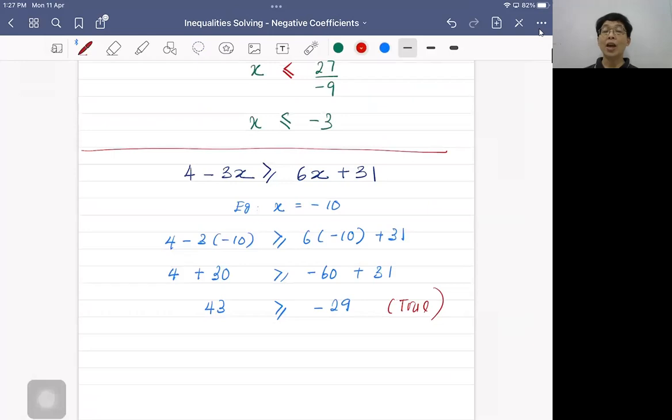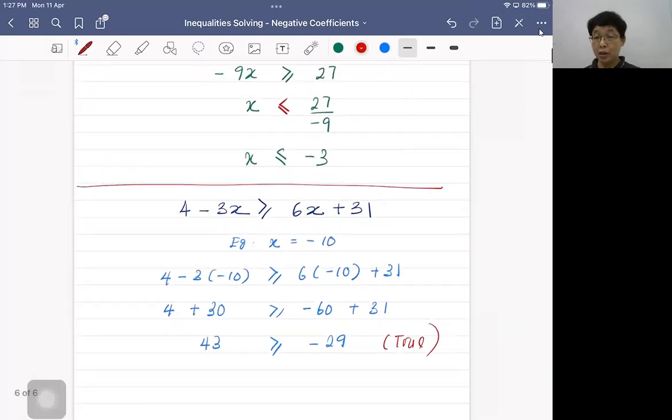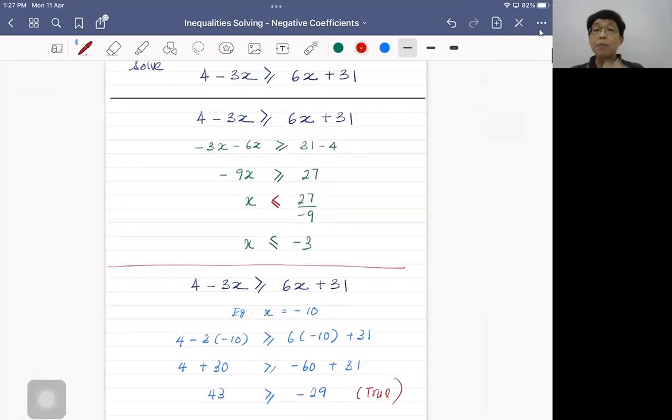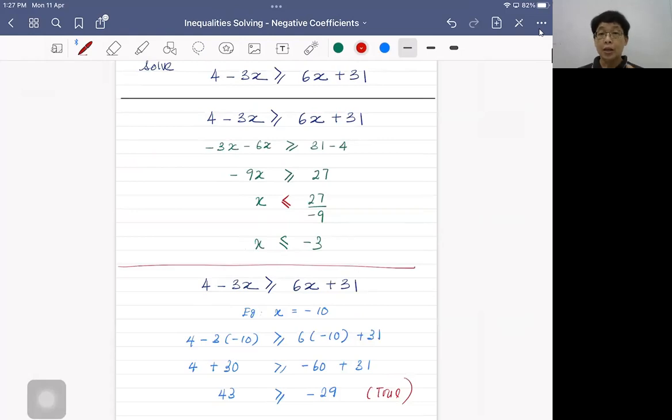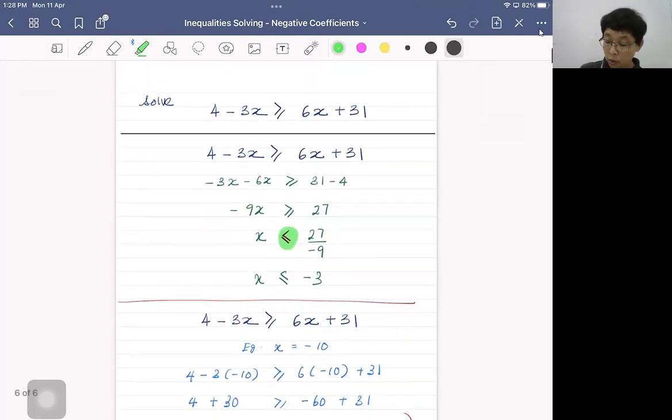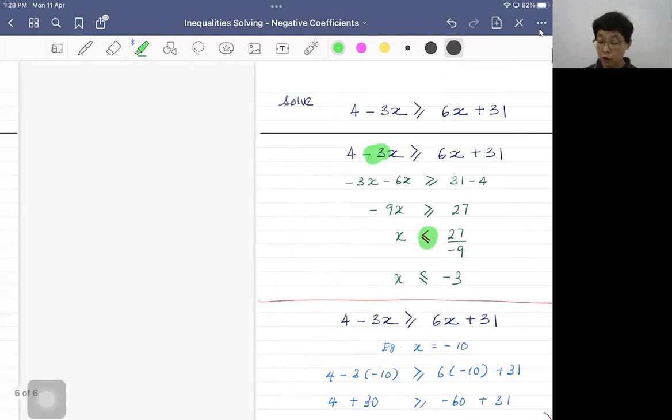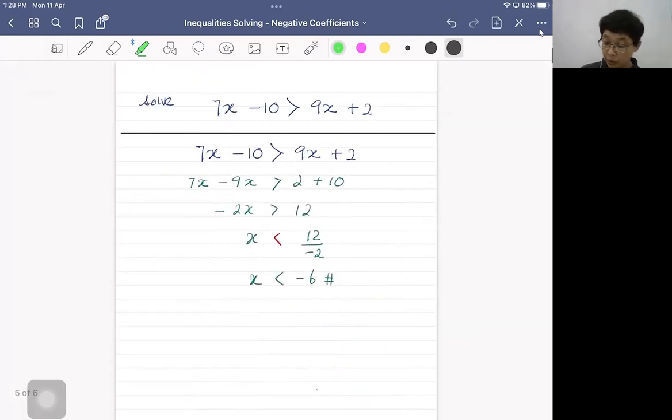Congratulations. So you have actually put meaning into your solution, by following the steps of flipping the sign when the coefficient is negative. Let me just highlight the coefficient. Flip the sign when the coefficient is negative. Here again, negative coefficient, flip the sign.